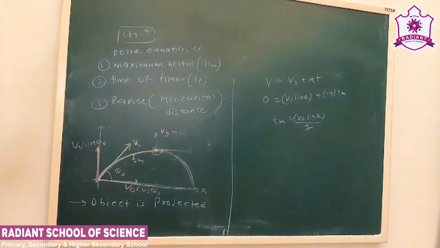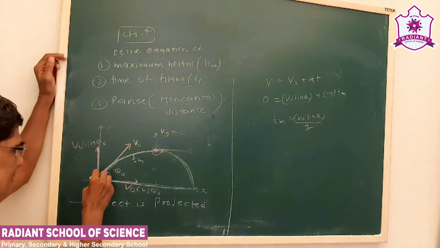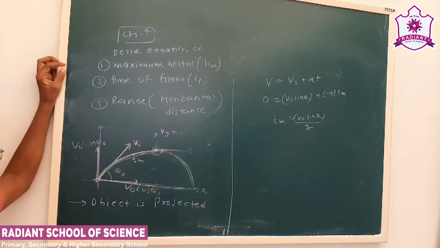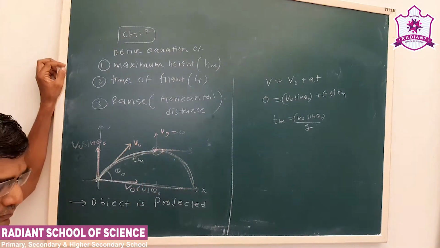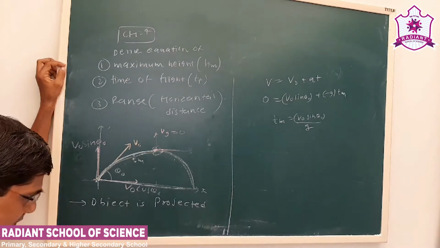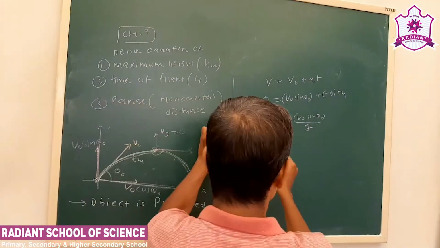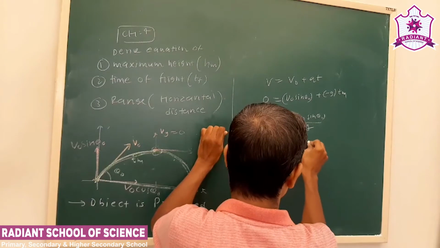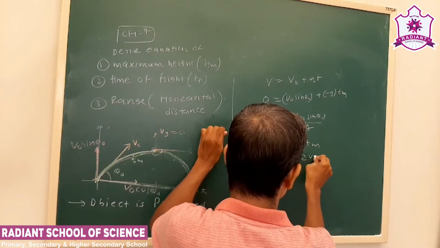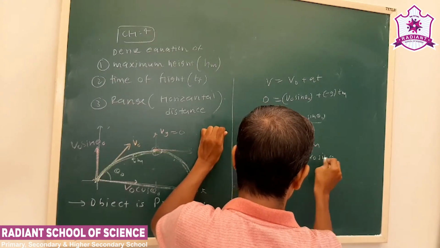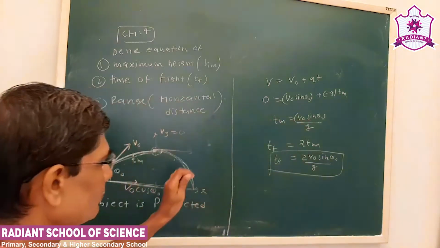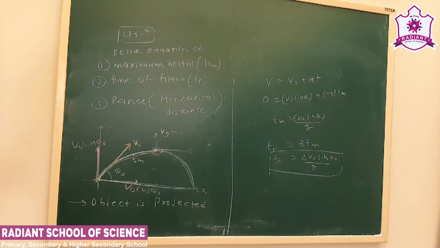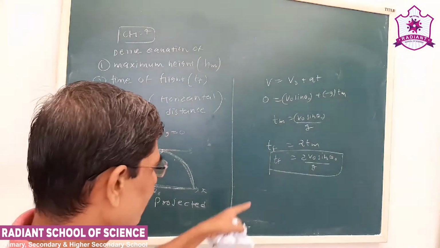Now as I told, it requires Tm time to reach the maximum height, and equal time will be required to reach the ground again. So the time of flight Tf will be 2 Tm, that is 2 v0 sin theta0 upon g. This is the equation for the time of flight.